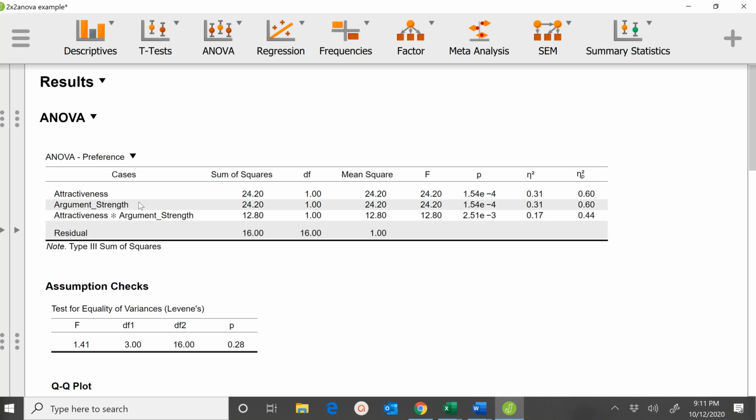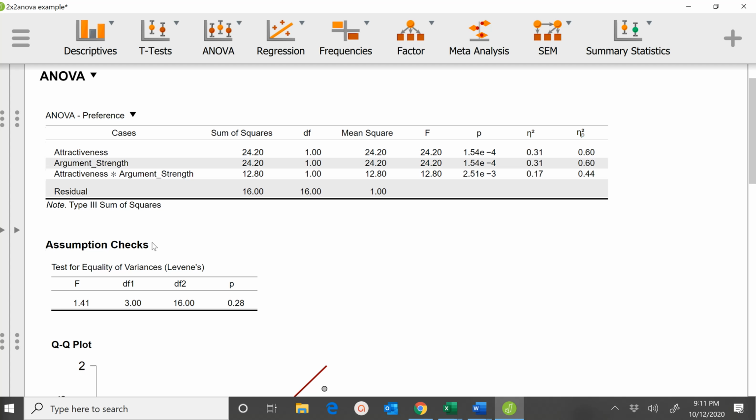So we don't have to conduct post hoc tests on attractiveness and argument strength because they both have only 2 levels. So if there's an effect, we can look at the means and be able to determine the effect. For the interaction of attractiveness and argument strength, we're going to want to probe that, but let's hold off and check the assumptions.